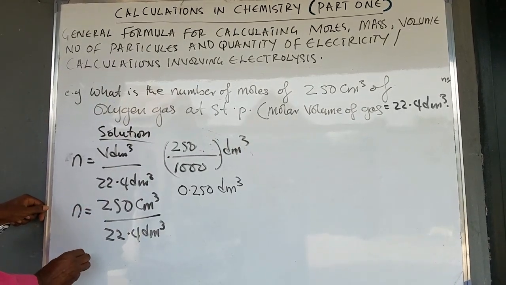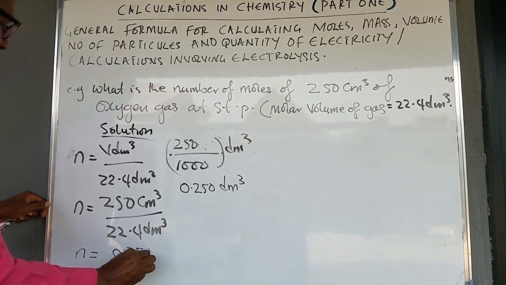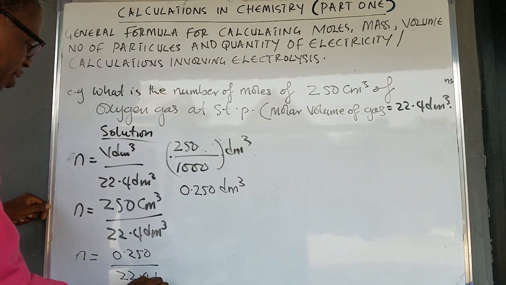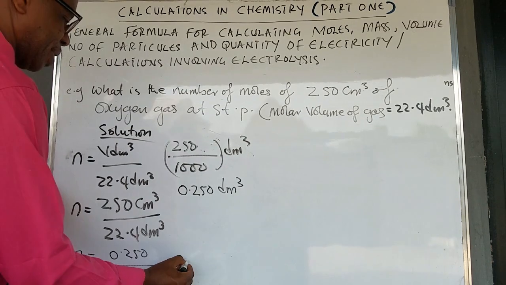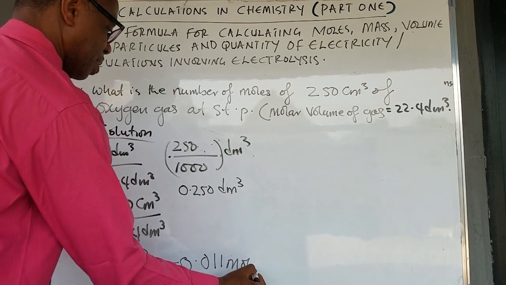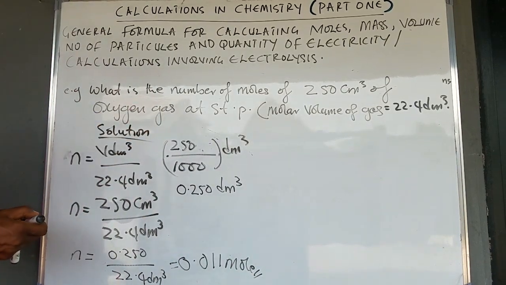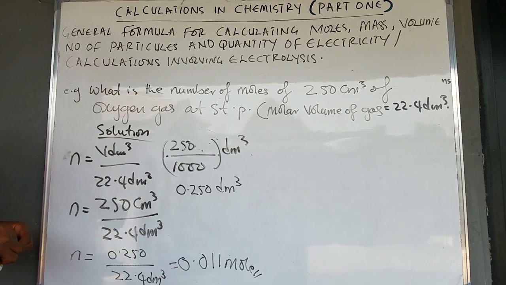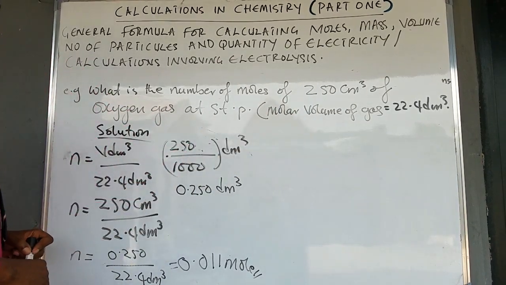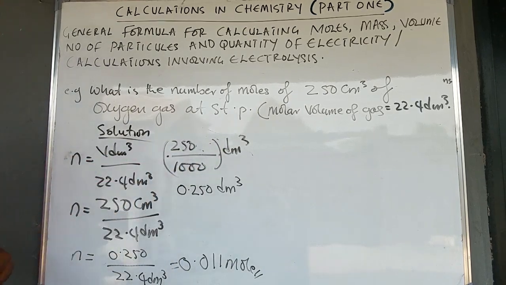You now have it that n is equal to 0.250 divided by 22.4 dm³, which is 0.011 mole. That's the answer. That's the number of moles of this gas when it contains 250 cm³. So at STP, the number of moles will be 0.011.